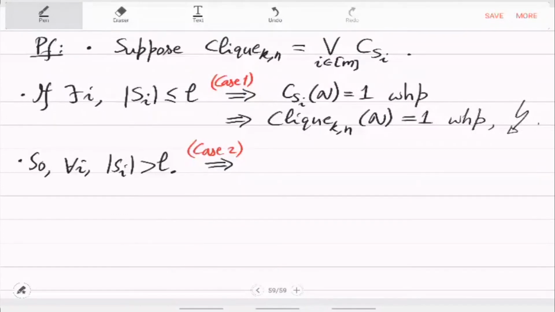So there is a problem in the yes instance. So the probability on the yes instances that CSI is 0, this probability we calculated to be quite high.